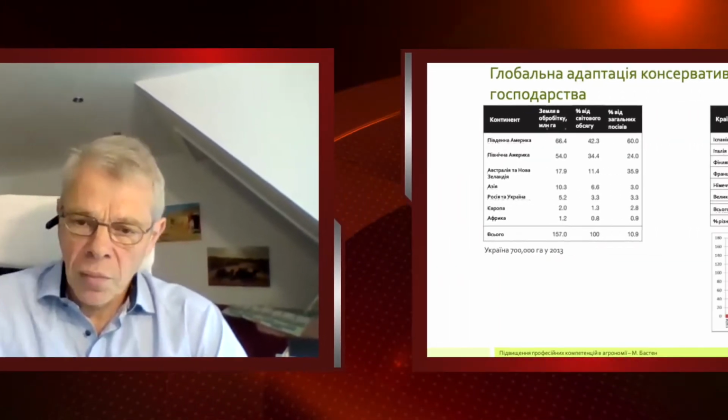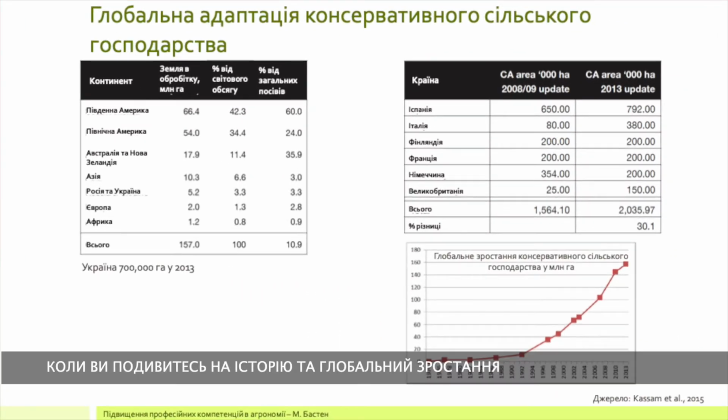When we look at the history and the global uptake of conservation agriculture in million hectares, basically it started in the 80s. Before that there was hardly any conservation agriculture, and there was a kind of exponential growth until probably now, and it seems to level off a bit these days.